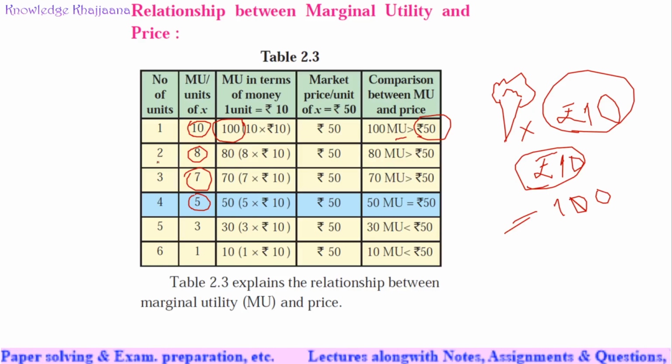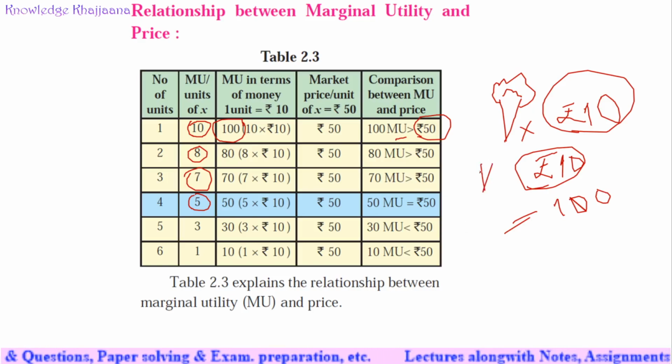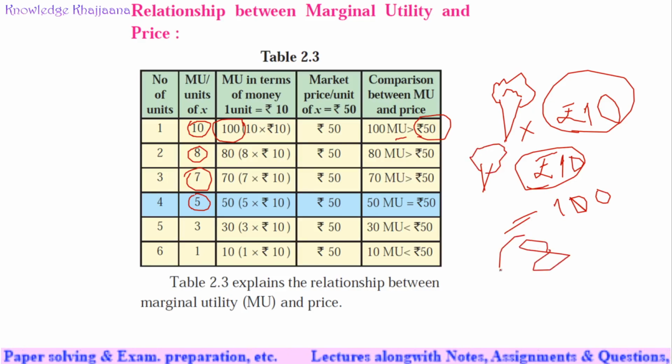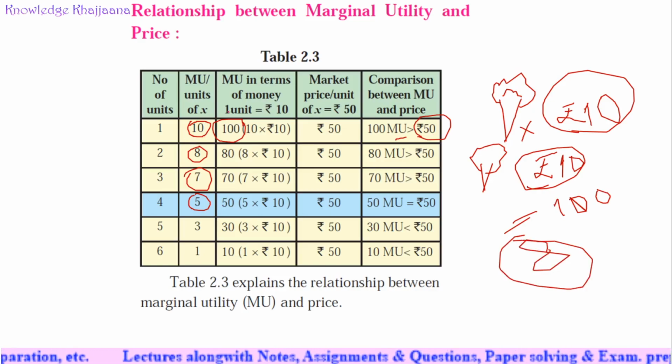Then when you consumed the second unit, one more unit of ice cream, what is the price of ice cream? 10. And how much satisfaction did he get? 8 utils. So how much marginal utility in terms of money did he get? 8 into 10, that is 80 rupees.